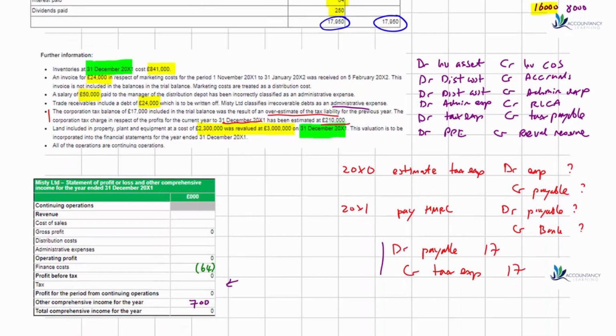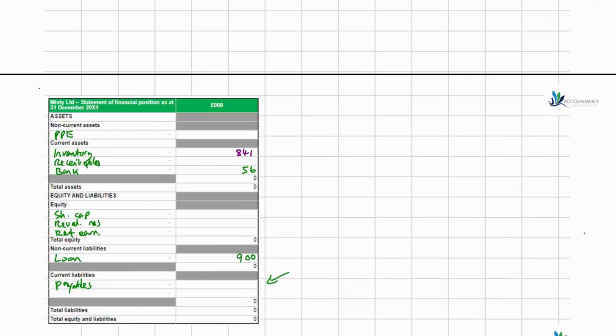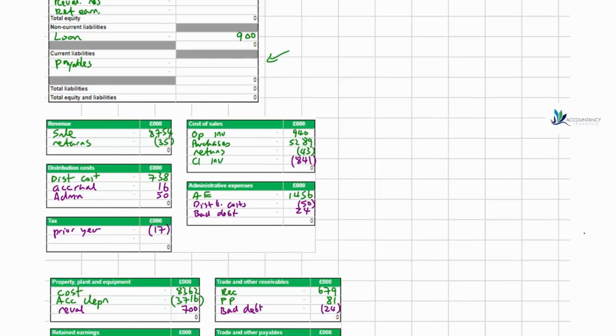Okay, so we need to debit our tax expense. Let's put that into our working. So we've got an expense of 210 and we need to credit the payable. Now normally a tax payable would be shown separately to other payables.